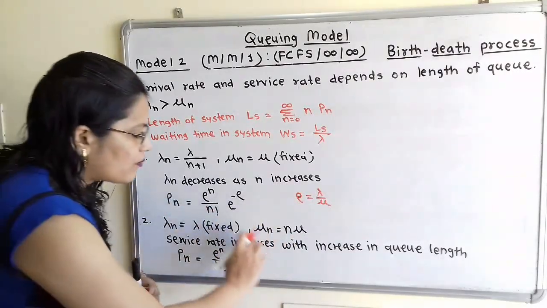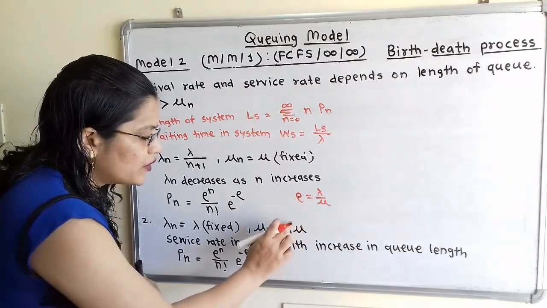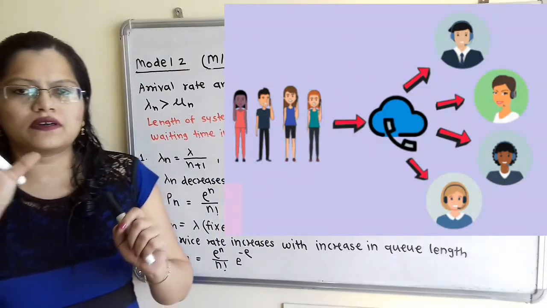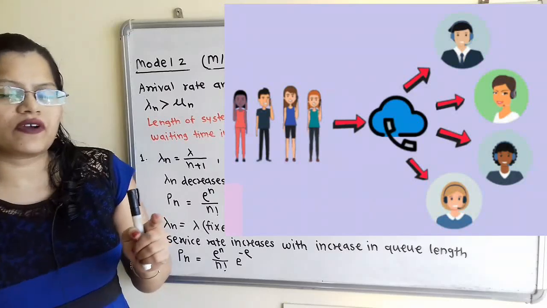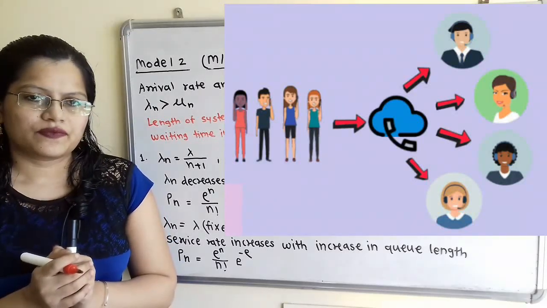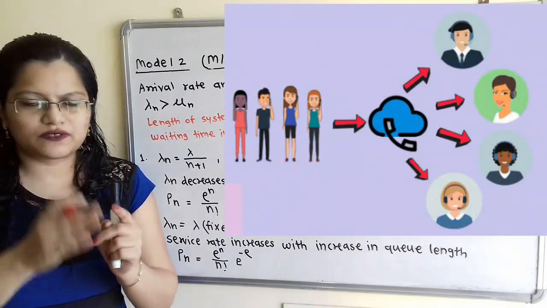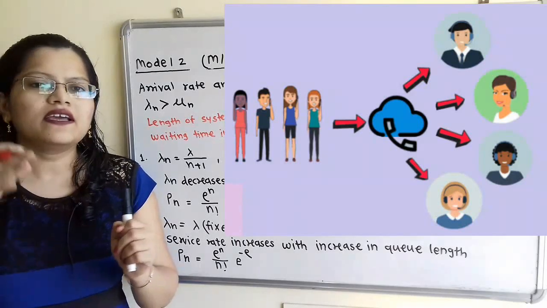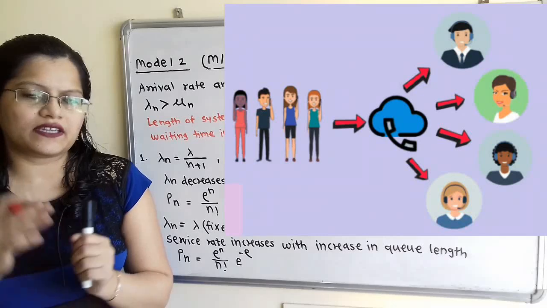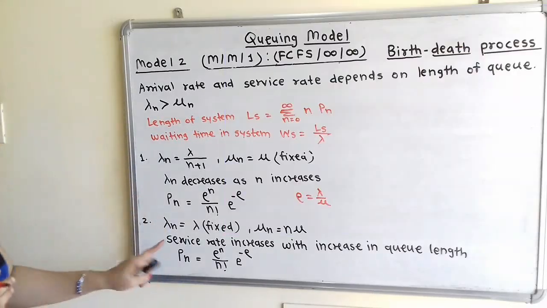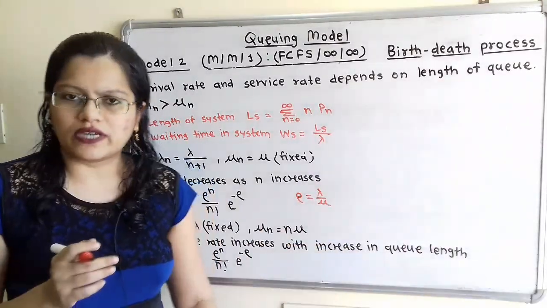So if we observe this service rate, mu n is equal to n multiplied by mu, that is, the number of services provided is equal to the number of customers waiting in line. If there are an infinite number of customers, 1, 2, 3 up to infinity, then there may be an infinite number of services provided, 1, 2, 3 and so on. So in this case, the service rate increases with an increase in queue length.